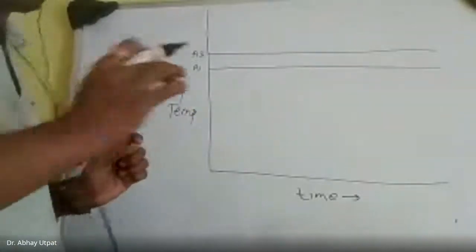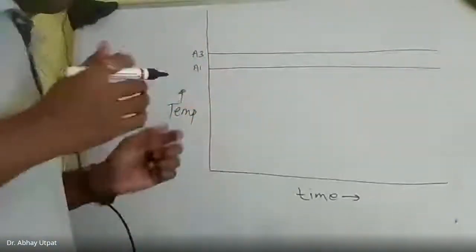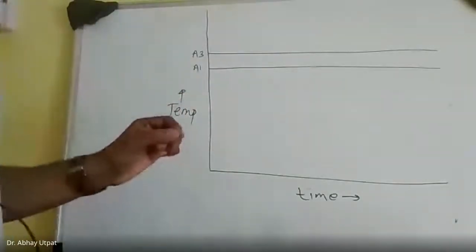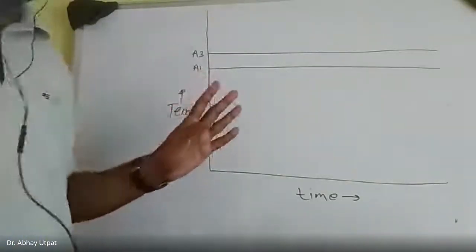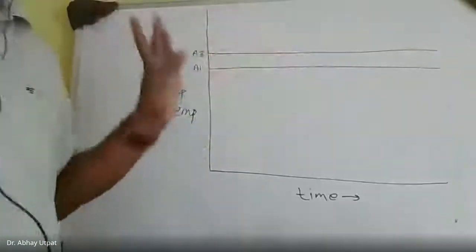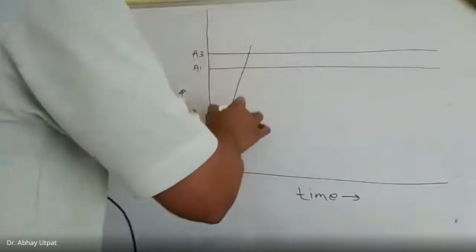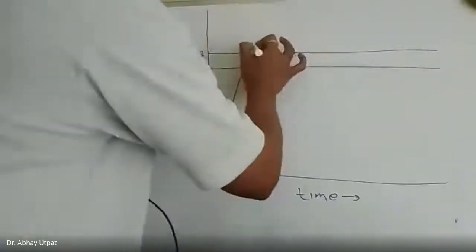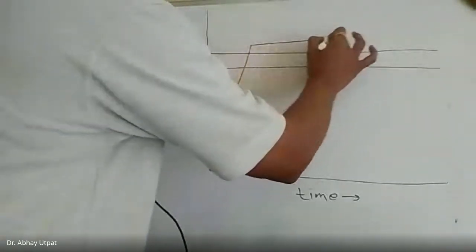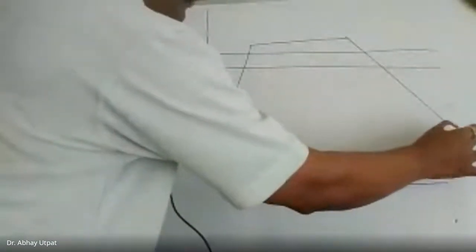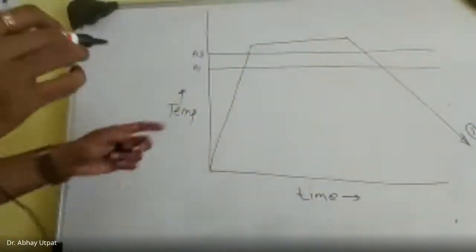Let us start first with full annealing. Full annealing for hypoeutectoid steel and full annealing for hypereutectoid steel are different, so I will draw two curves. Heating, soaking, and cooling. I will give the name 1.